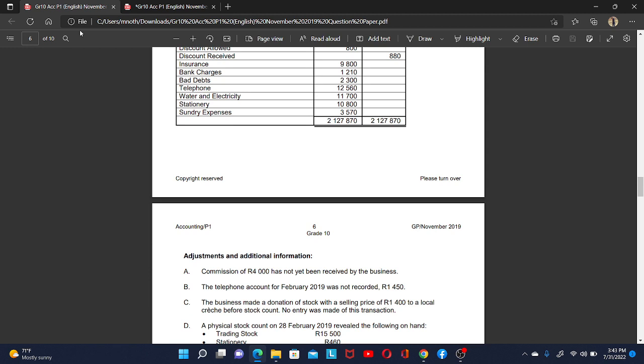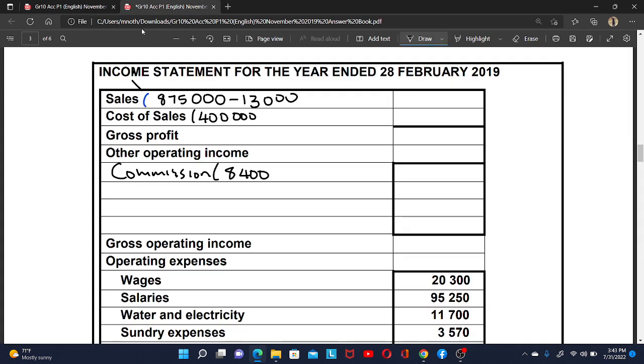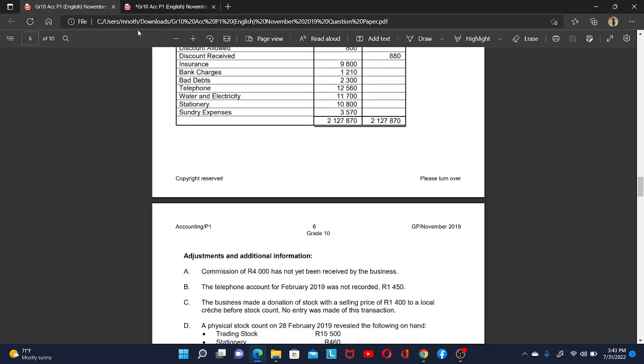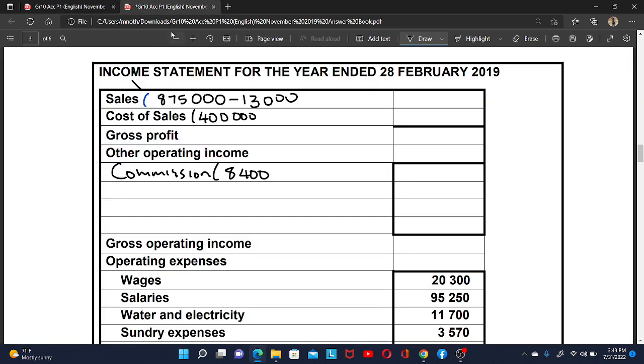Commission income of 4,000 has not yet been received. So let's go and add the commission of 4,000 rand. If they are saying it has not yet been received, that is an accrued income, so you have to add it.